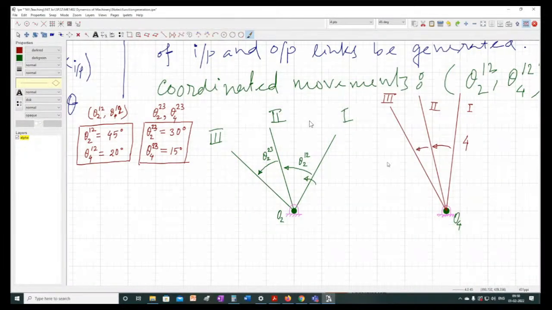So one pair is theta 2 1 2, theta 4 1 2, and theta 2 2 3, theta 4 2 3. Using this motion, we have to find out A and B. So what we will do now is we will assume a location of point A.